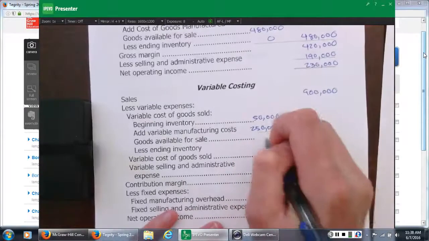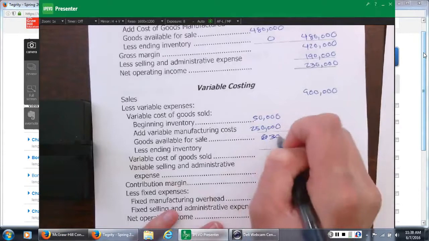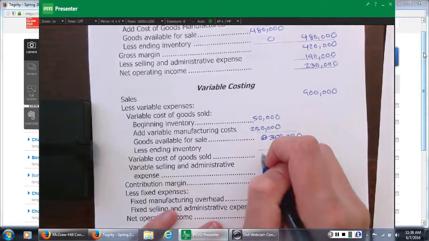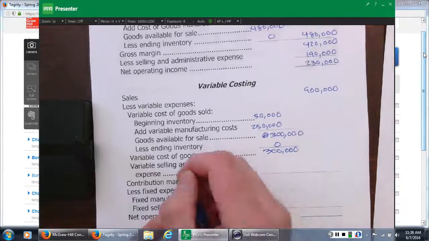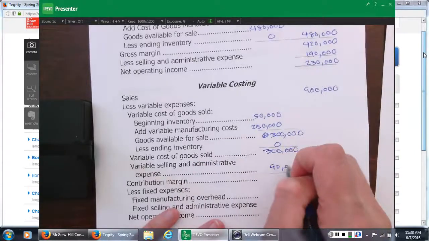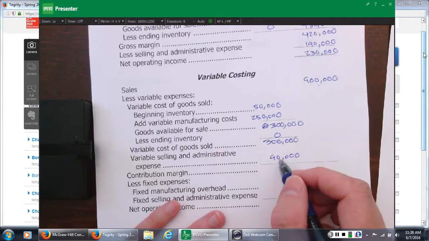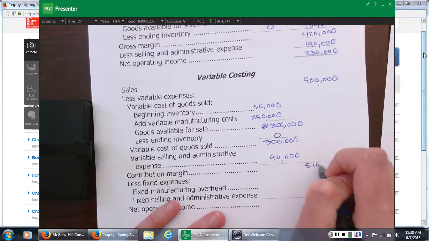That gives us cost of goods for sale 300,000. 0 ending inventory, which gives us our variable cost of goods sold of 300,000. Okay, and then what we have is our variable selling cost of 90,000. So you take the 900,000 minus the 390, and then what you get is the 510 contribution margin.